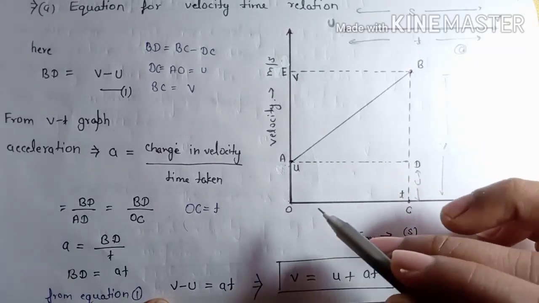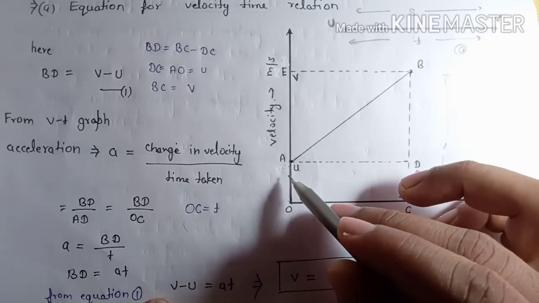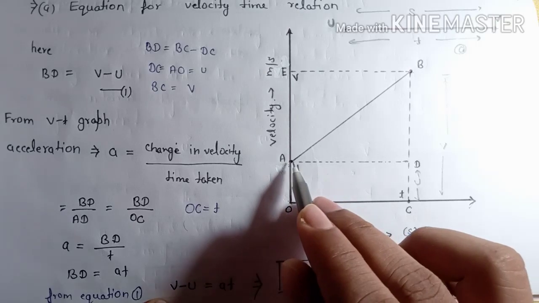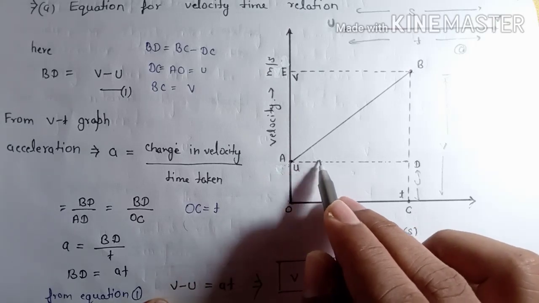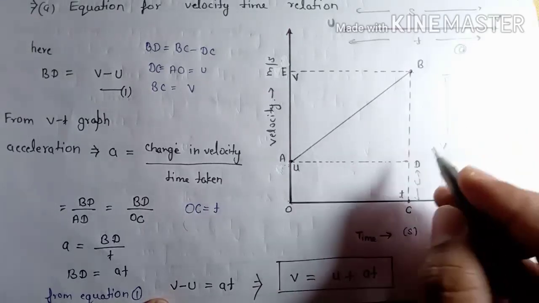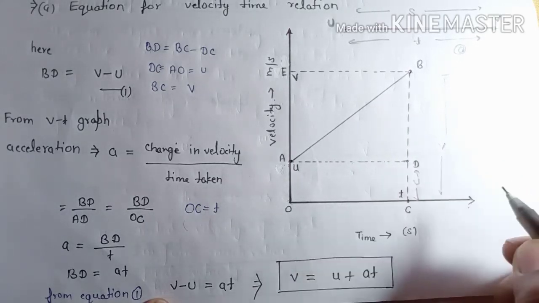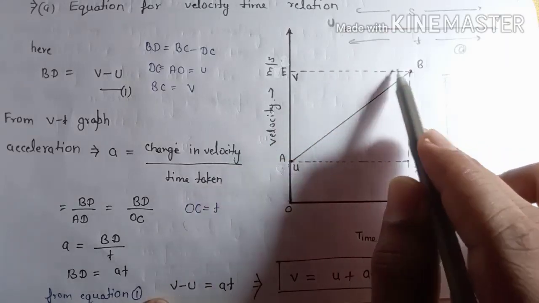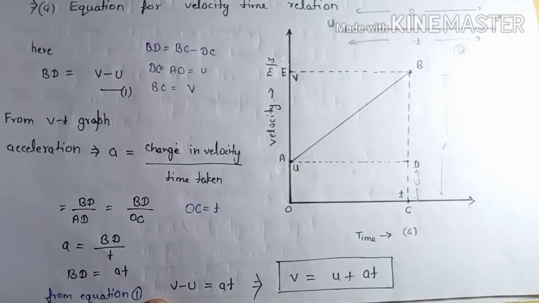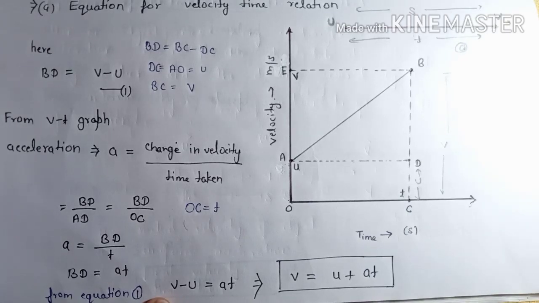In time t, the velocity of the body increases from u meter per second to v meter per second. We draw a line from point A parallel to OC, which meets BC at point D. You can see that we draw this line here, which meets at point E. And let's discuss the change in velocity.